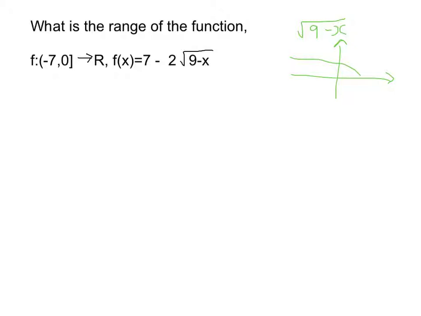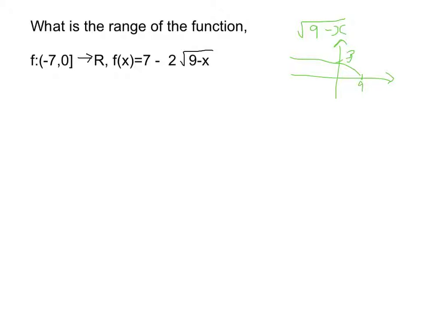So this will actually start at 9 and it'll have a y-intercept of 3. Because when x is equal to 0, 9 take away 0 is 9, so square root of 9 is 3. To make y equal to 0, 9 take away 9 inside the square root would equal 0.